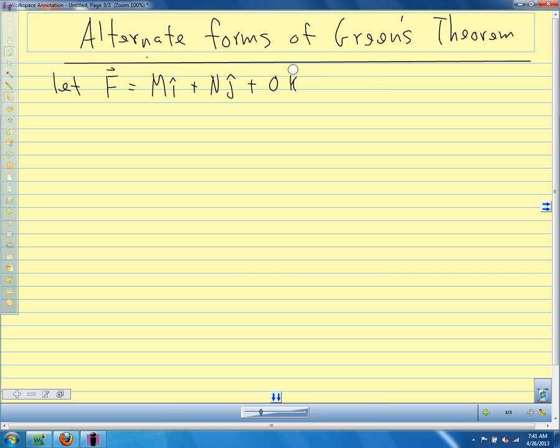So our field is still in the plane, but we're thinking of it as a three-dimensional vector. So we're going to take the cross product. We're going to find the curl of f.